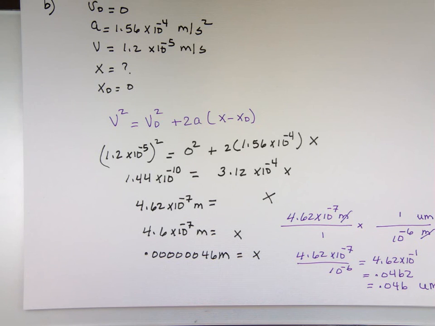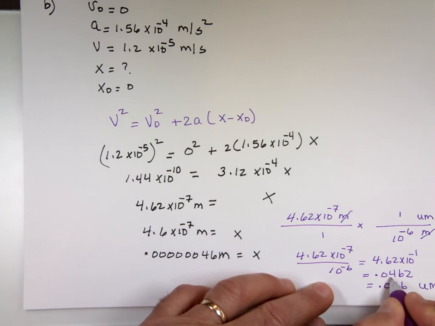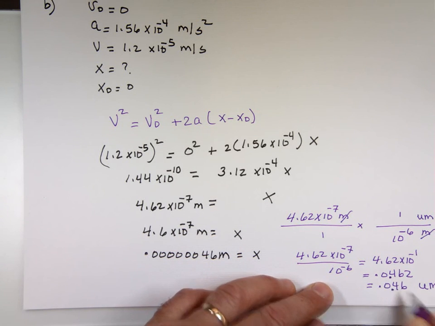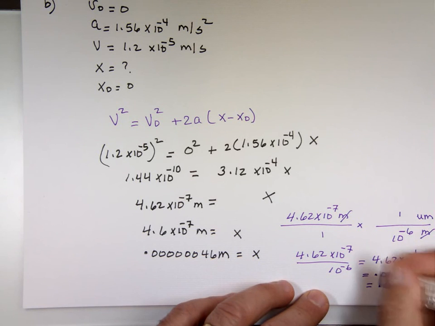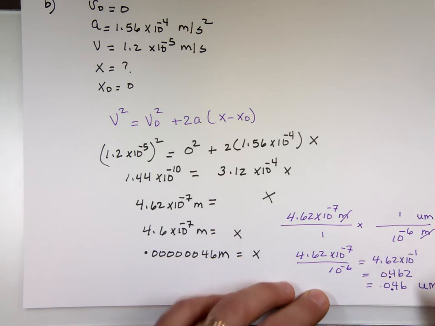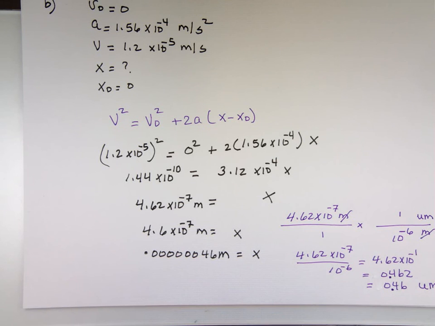So 0.46 micrometers. And now we got it correct. I didn't see the micro until after I submitted, and it says I had to do that.